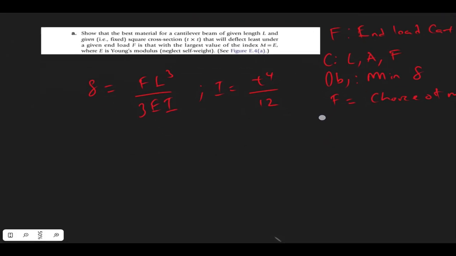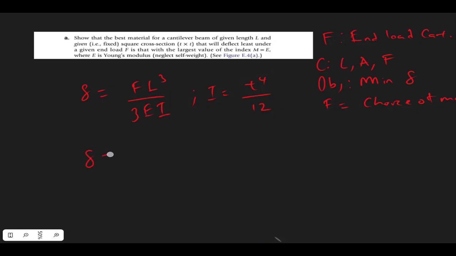Therefore, deflection is now equal to 4FL^3 divided by T^4 E. So that's the formula for deflection, and this is your objective function.